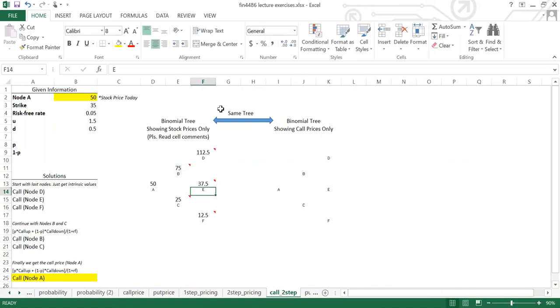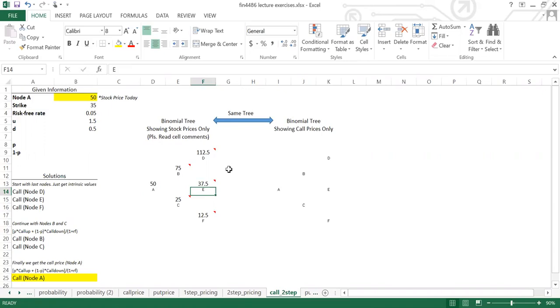It is as if once the stock goes up to 75, then it comes back down to 37.5. But we can also calculate this as 25 multiplied by 1.5. So it is as if the stock price went down to 25, then it goes up to 37.5.